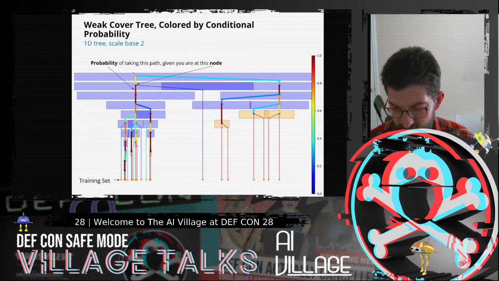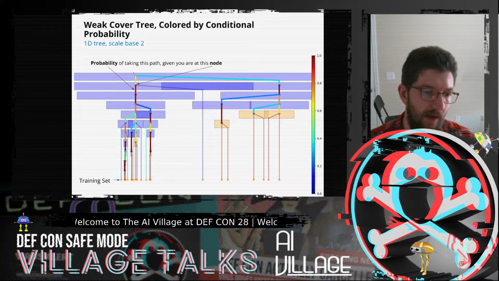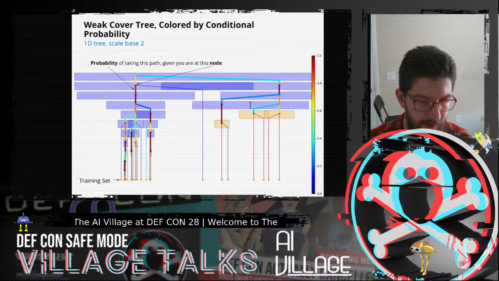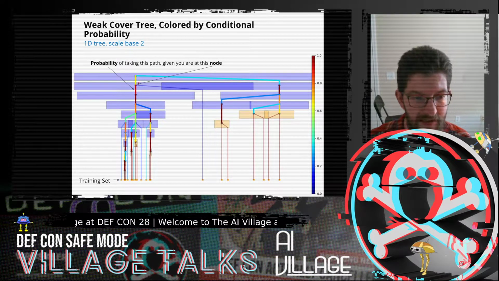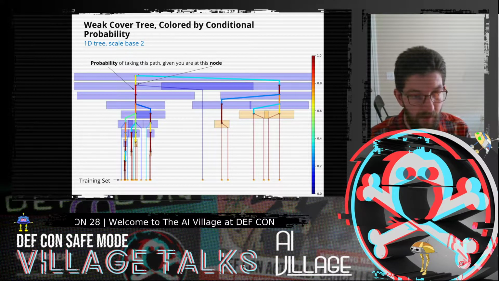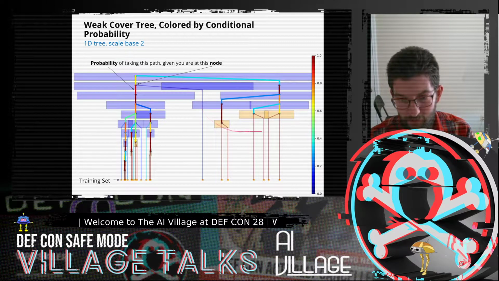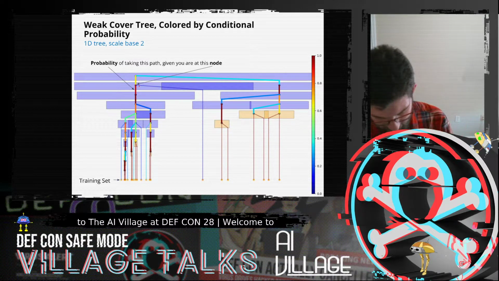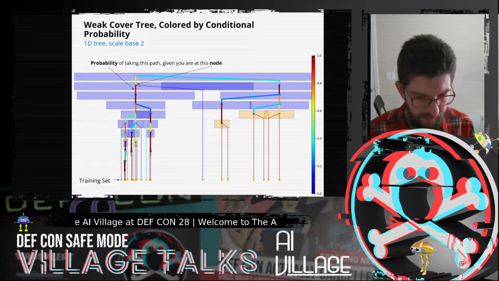For each of these nodes, I attach a small distribution that gives me an estimate of how many points are to the left and right. So now I have this prior information from my training set.